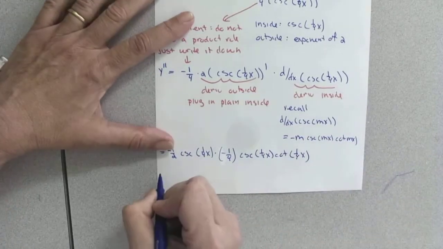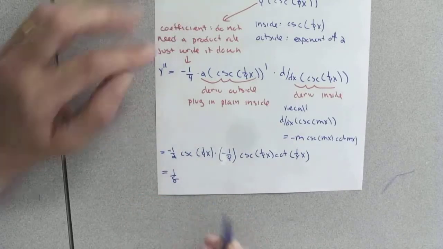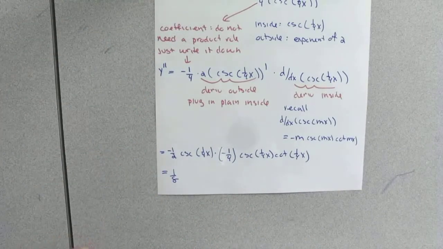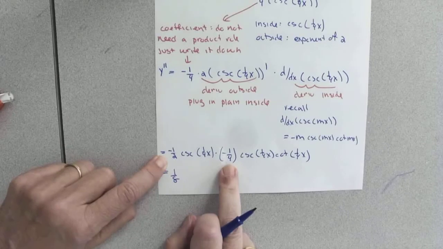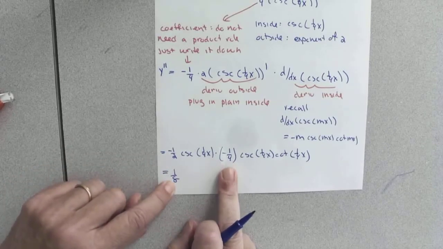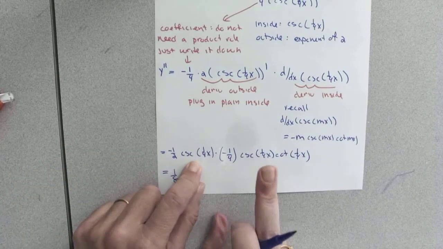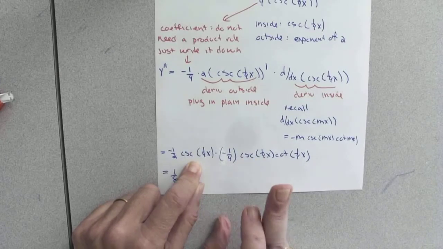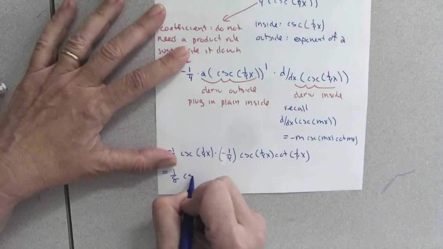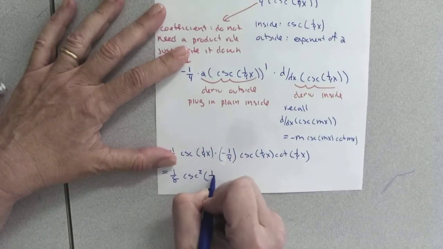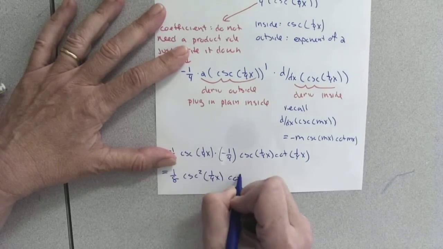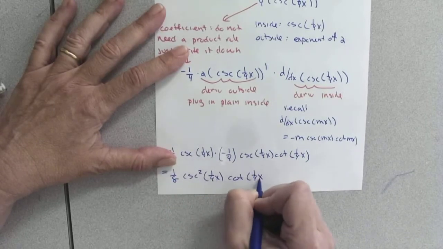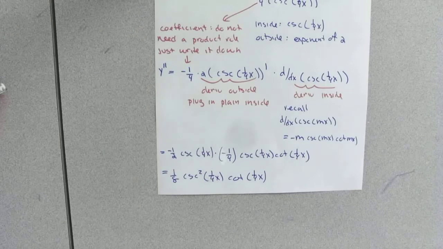And then making this look pretty, I've got 1/8, negative 1/2 times negative 1/4, 1/8. And then here I do have cosecant 1/4 x times cosecant 1/4 x, for cosecant squared 1/4 x, cotangent 1/4 x. And there's my second derivative.